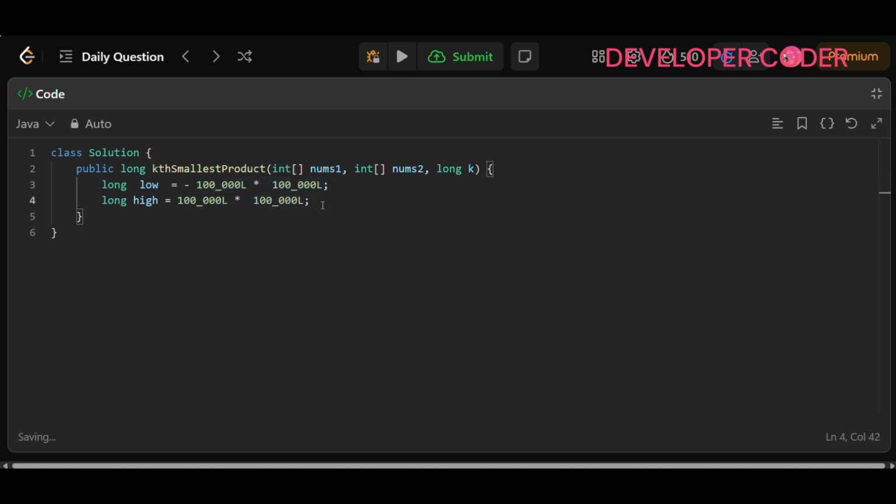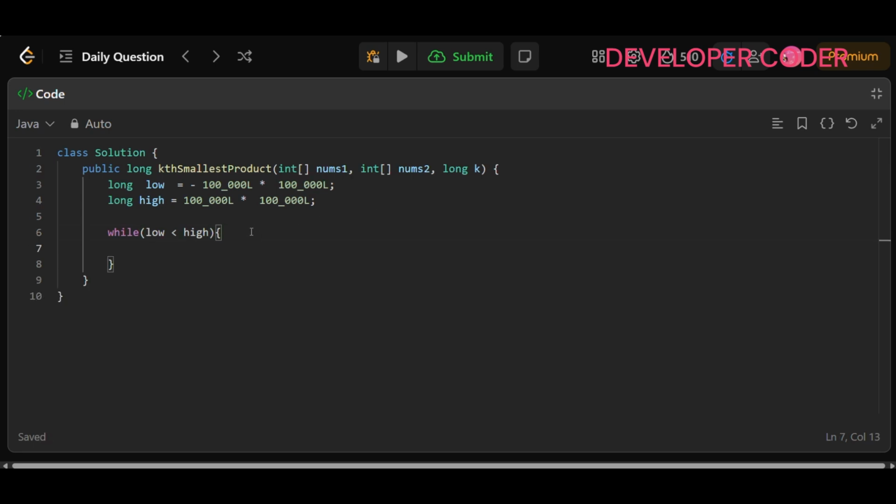That's it. Now how do you apply the binary search? While low is less than high, you get mid as long mid is equal to low plus high minus low divided by 2. This is how you get mid.